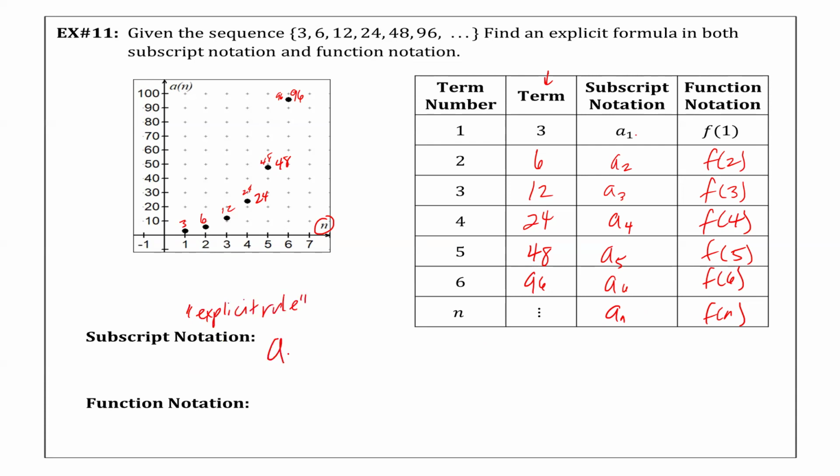That would be our a sub n equals 3 times 2 to the n minus 1. Perfect. In this case, it's a little bit easier to just write it as n minus 1 than trying to find the 0. And then our function notation, f of n, would equal the same exact thing.